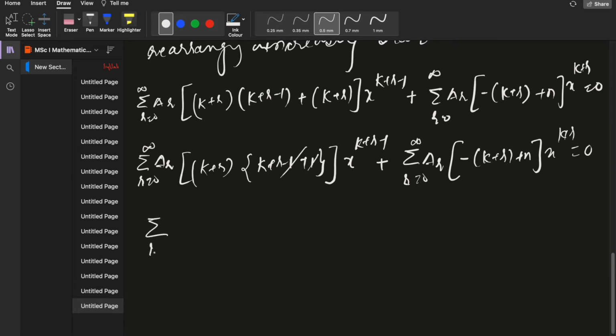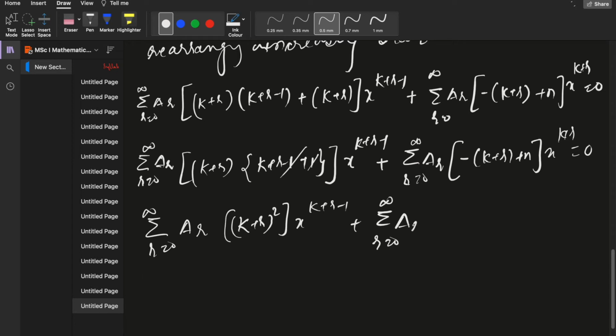This gives summation r tends to 0 to infinity ar (k plus r) whole square x to the power k plus r minus 1, plus summation r tends to 0 to infinity ar.